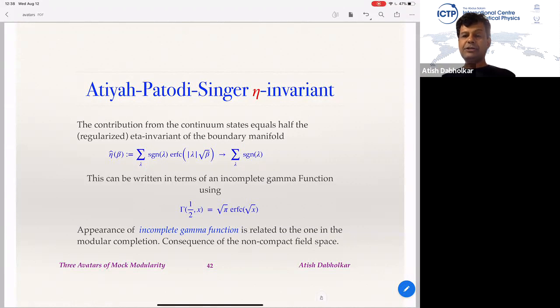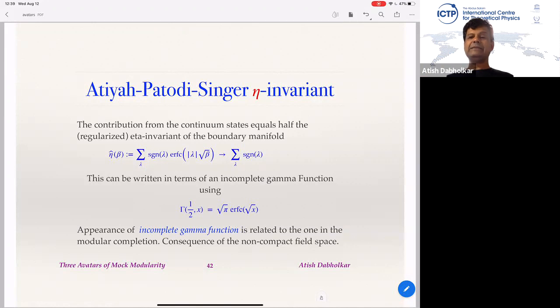The Atiyah-Patodi-Singer index is about a manifold with a boundary, but the way they proved that theorem is that they added an infinite cylinder to a manifold with a boundary to get a manifold without a boundary. You need to do that also from a physics point of view, because usually doing a path integral on a manifold with a boundary is very complicated. So doing a path integral on the manifold without a boundary is simpler. But then that introduces some non-compactness in the problem. And that non-compactness gives rise to a correction term, and that correction term is exactly the eta invariant of APS.